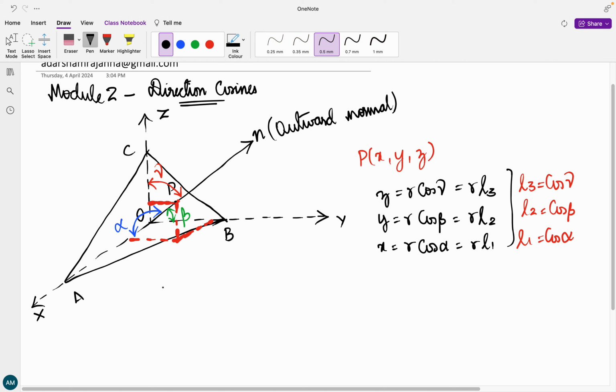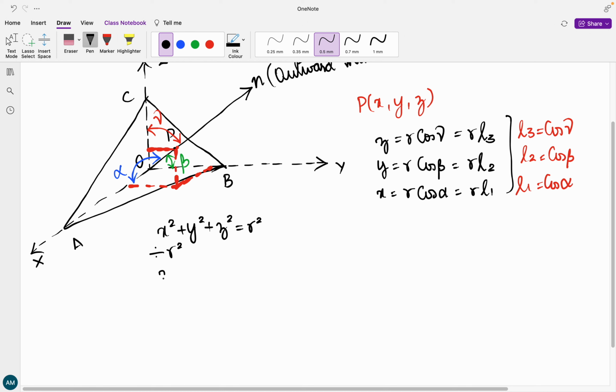Therefore I can write x square plus y square plus z square is equal to r square. If I divide the entire equation by r square, I'll have x square by r square plus y square by r square plus z square by r square equal to 1.